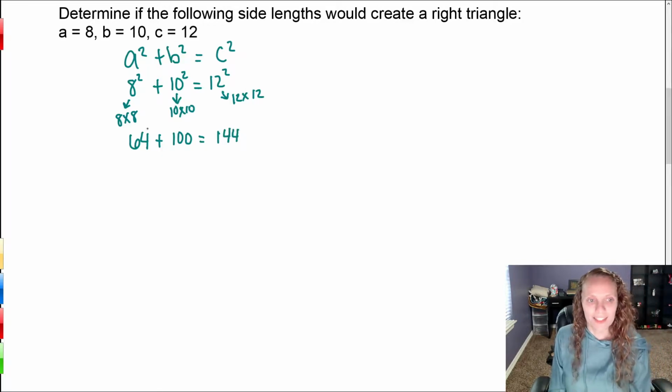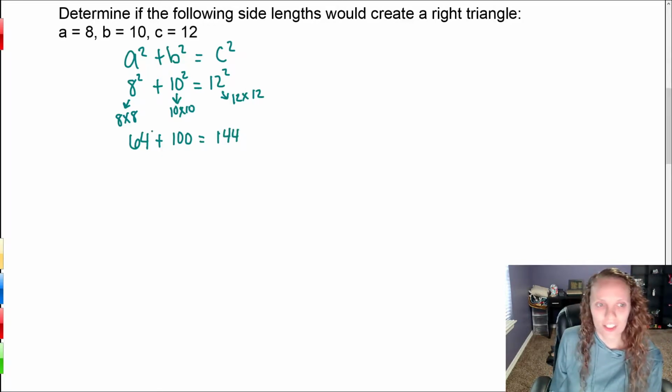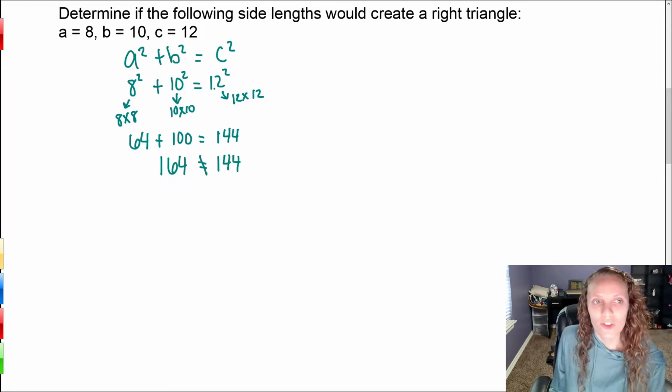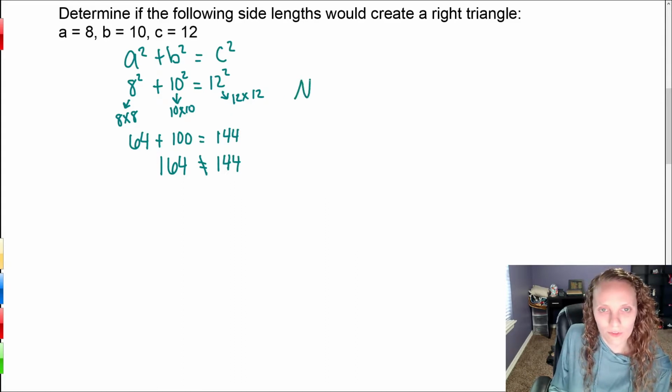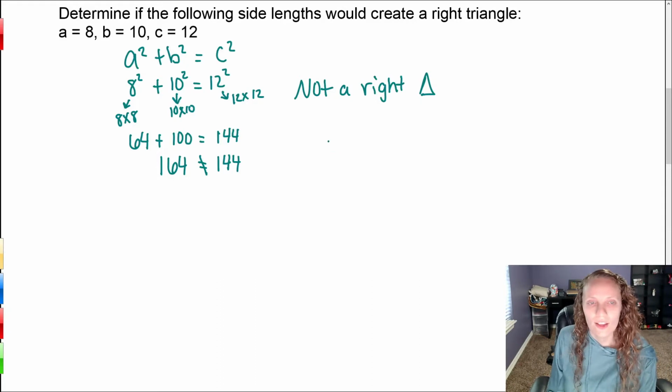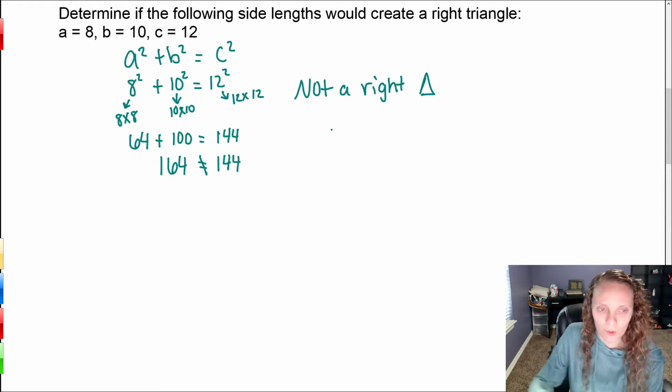When we add the first two numbers together, it should give us 144. 64 plus 100 is 164, and that is not equal to 144. So these three numbers would not give us a right triangle. It could create a triangle, but it's not going to be a right triangle.